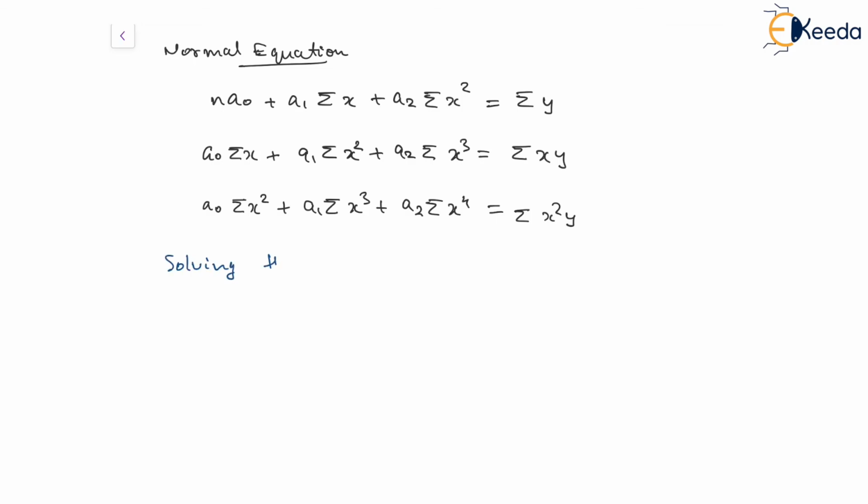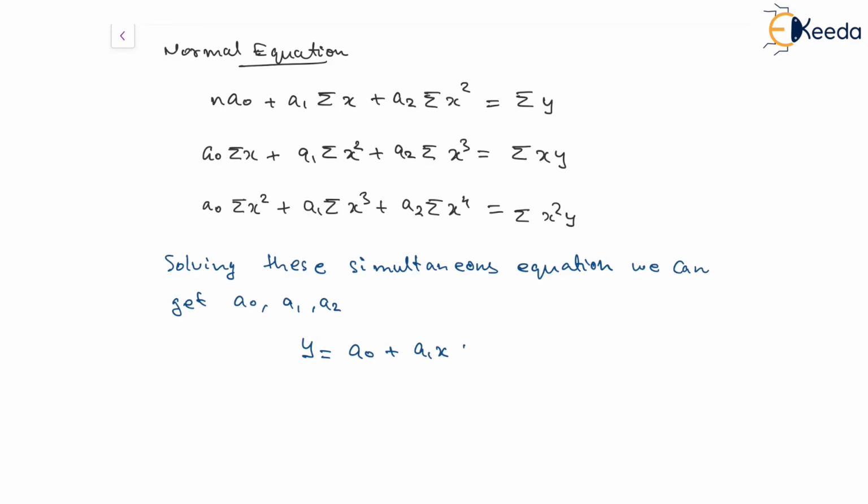Solving these simultaneous equations using many methods, such as elimination, matrix methods, Cramer's rule, or any other method possible, we can get the values of a0, a1, a2, and then we can form the second order parabolic equation for the given n data, that will be y equal to a0 plus a1x plus a2x square.